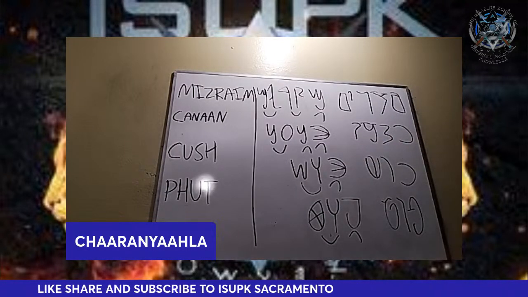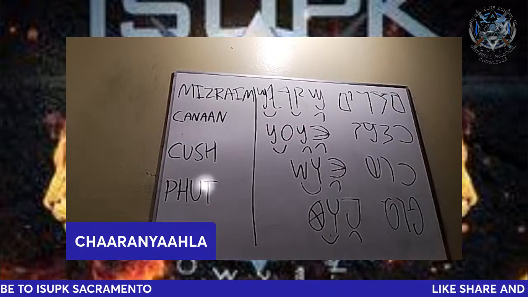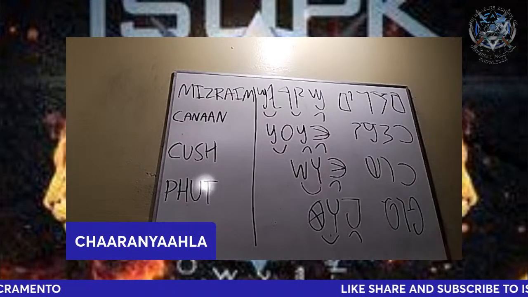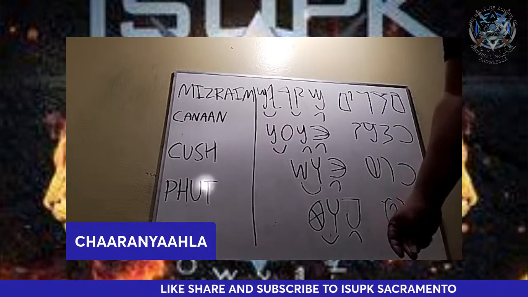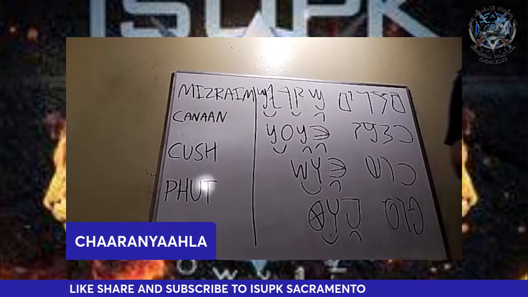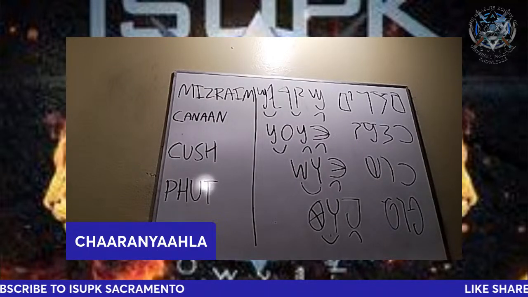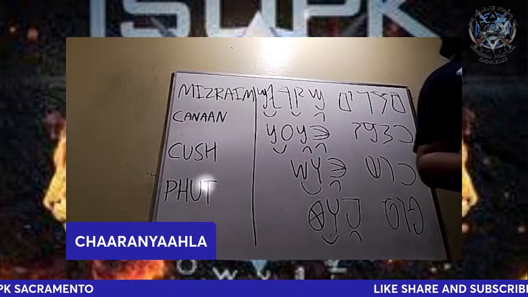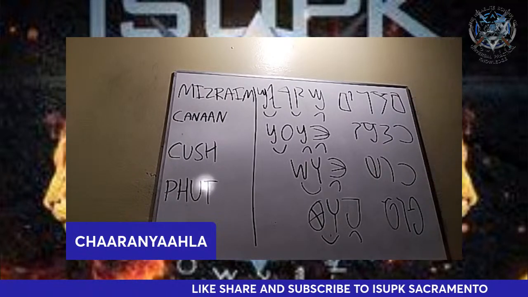And then we have Put or Pawat. These are the original Africans of Libya. I forget his name, but the African president that they killed because he wanted to get the devil out of the land.